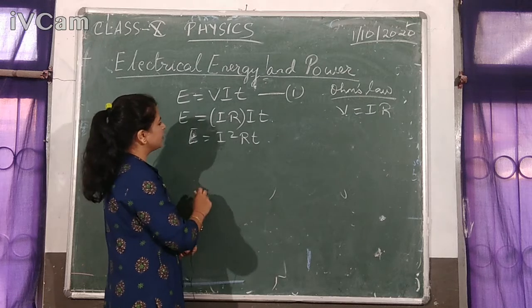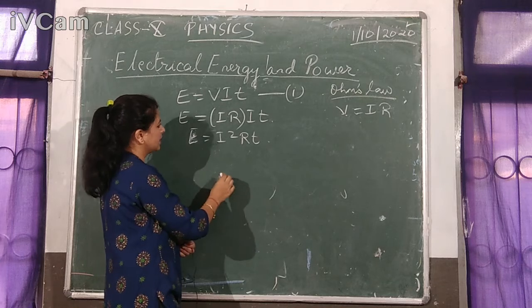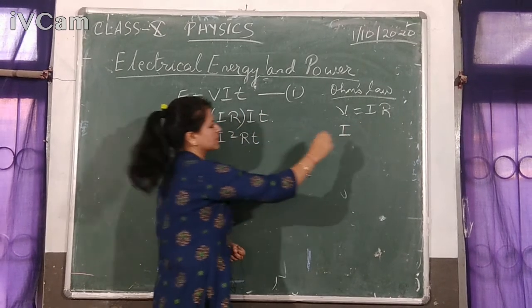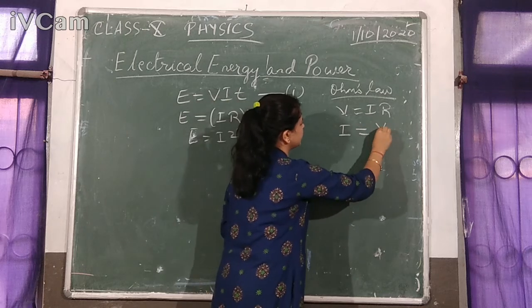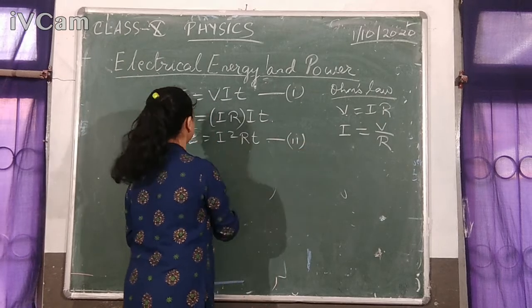Or if you don't want this I expression, you can replace I from the same Ohm's law expression. I can be written as V divided by R. So this is my second expression. Okay.